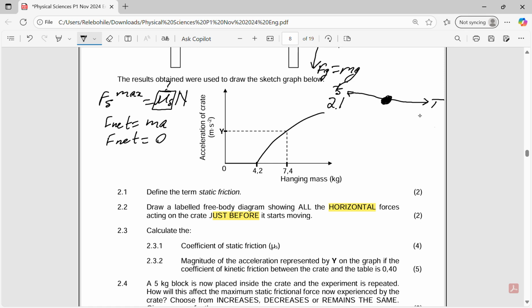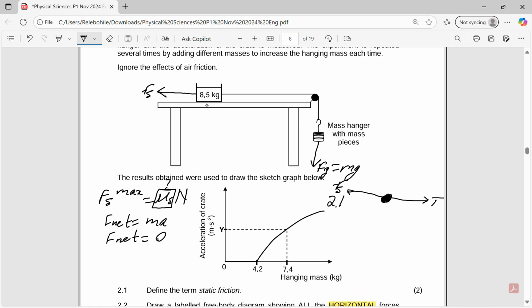And how many forces we have on our crate? Excuse me. We already said that on our crate we happen to have 2 forces, right? The tension and the force of static friction, but they are moving in opposite directions. So let me just put it this way. Let's say our direction to the right, this one will be positive since it's moving to the right, and this one will be negative since it's moving to the left.